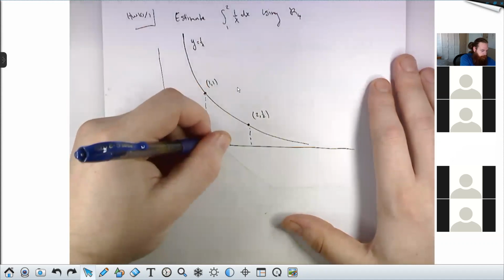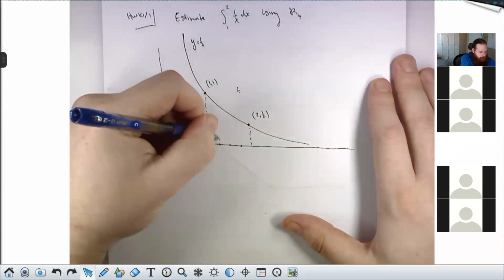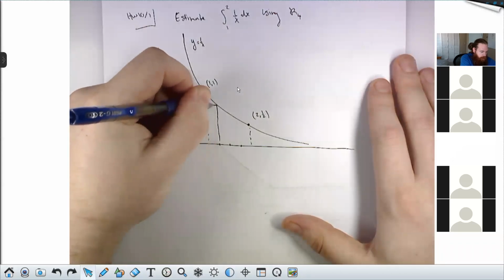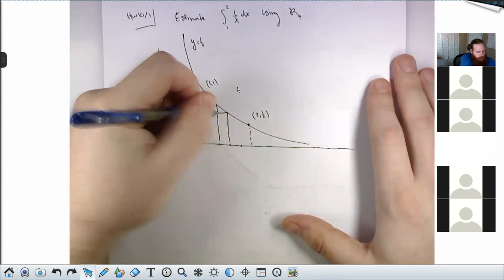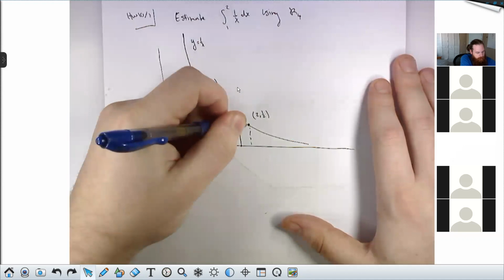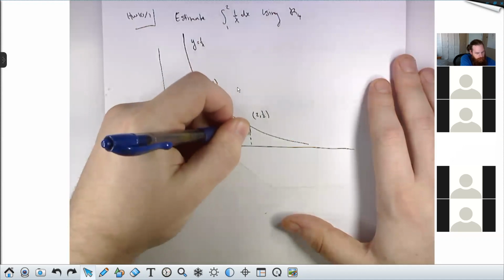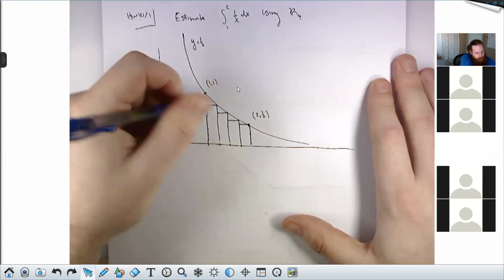And I need to chop this up into 4 rectangles whose heights are determined by the y value at their right-hand side. So these are my 4 approximating rectangles.